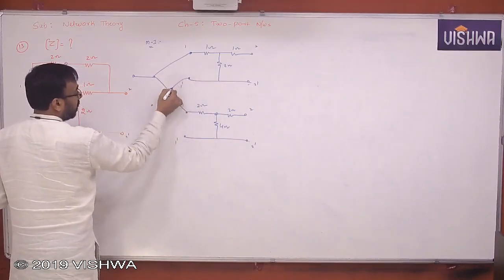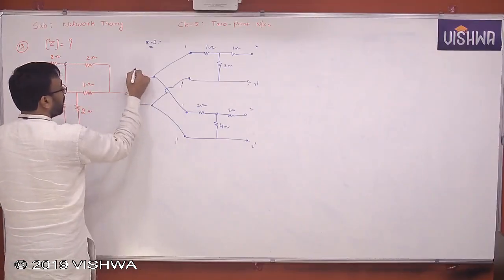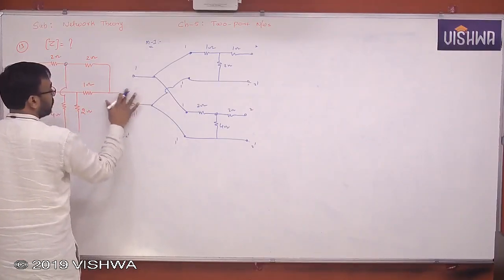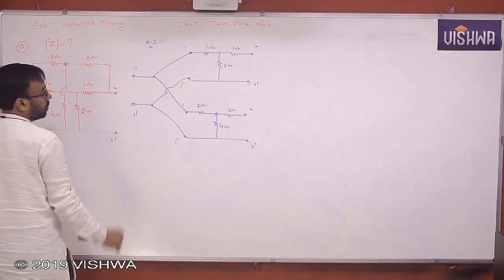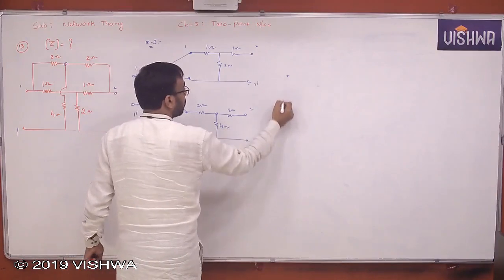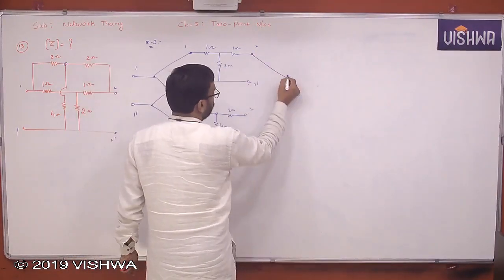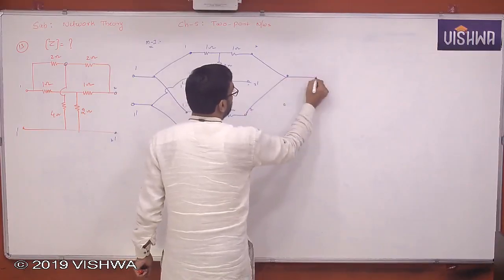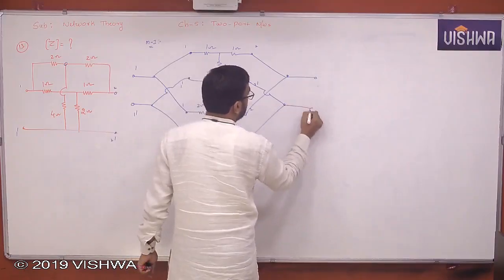So let me take. So finally this is 1, 1 dash. Similarly, this 2 and 1 are connected. Therefore, this 1 and 2 are connected. So anyway, this 2 dash and 2 dash are connected.